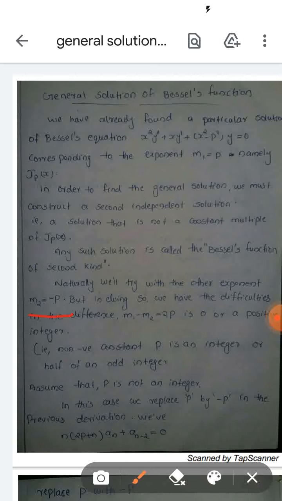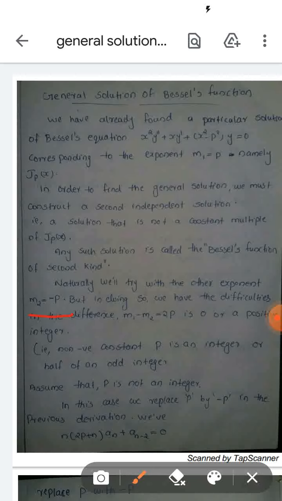But in doing so we have difficulties with the difference m1 minus m2, which is equal to 2p. The value of 2p may be 0 or a positive integer. So first we want to check p is not an integer. Assume that p is not an integer. In this case we replace p by minus p in the previous derivation.